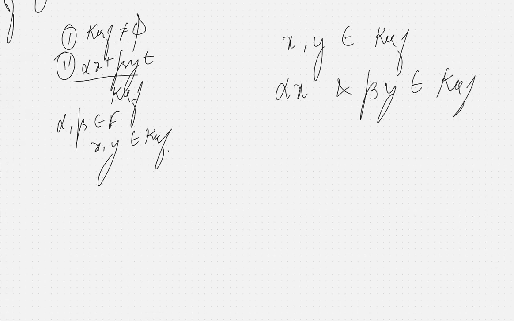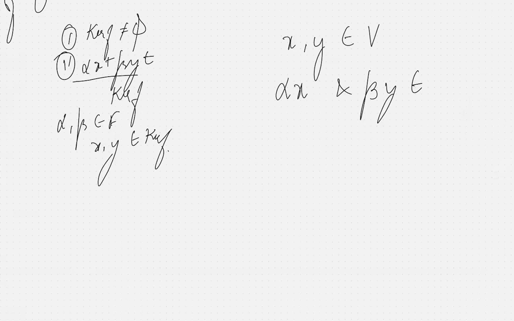If you're confused with kernel f, let's do it with some general vector space V. x, y are two elements of V. Consider alpha x and beta y separately. Alpha x will belong to V and beta y will also belong to V. Why?